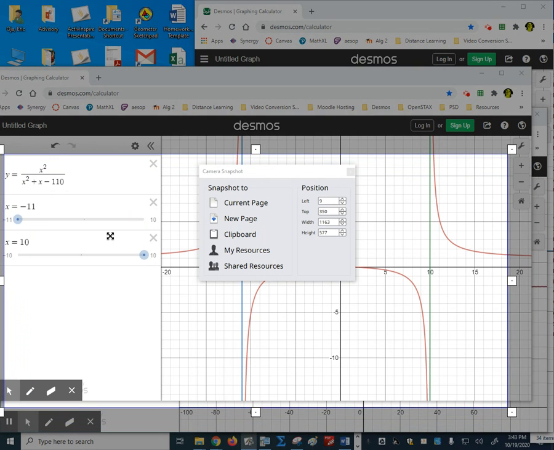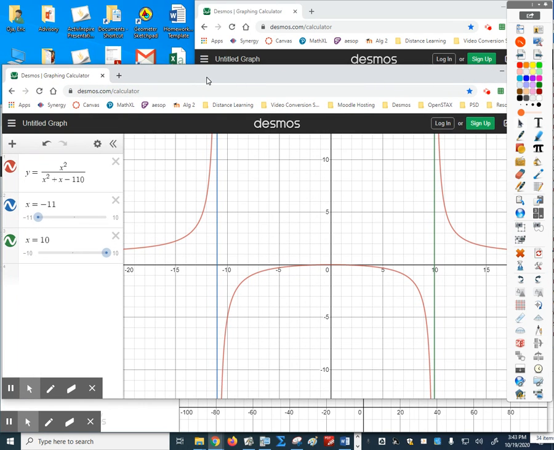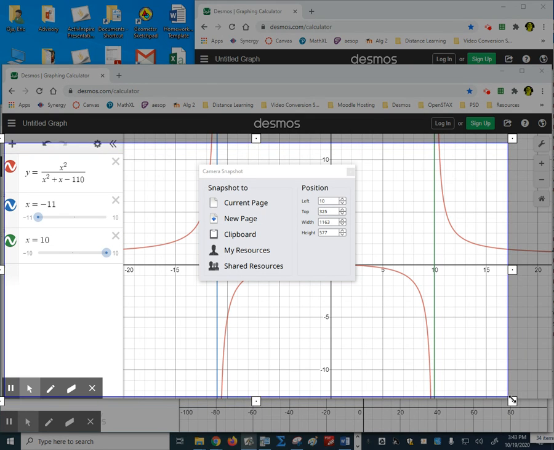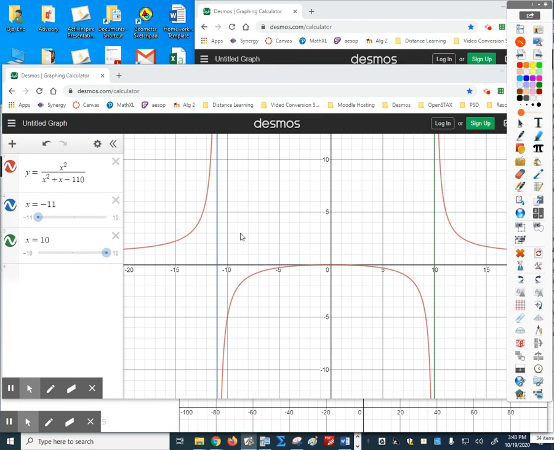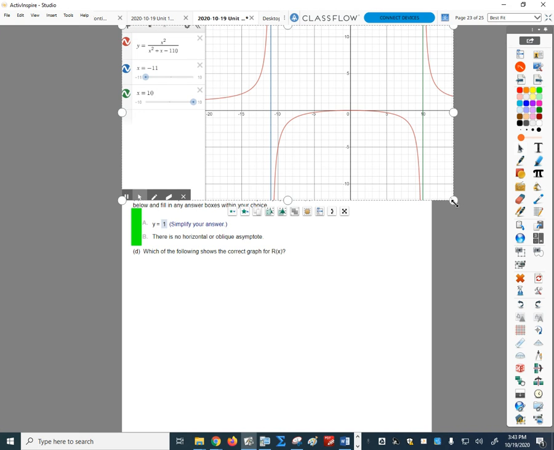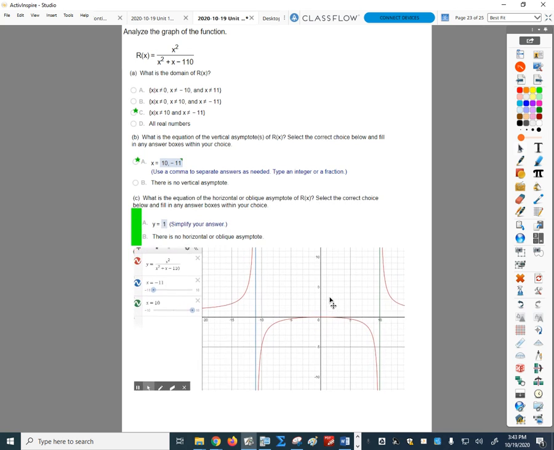So this is the one we can use for parts A and B. So there's the one for parts A and B.